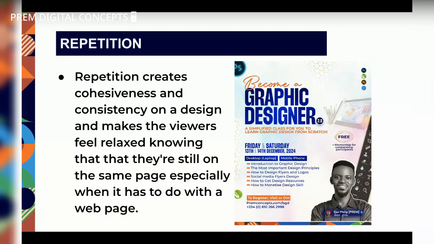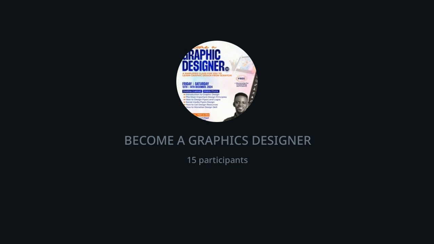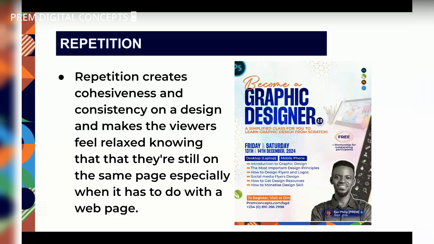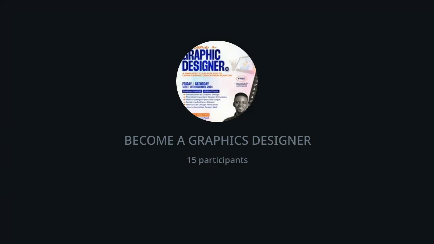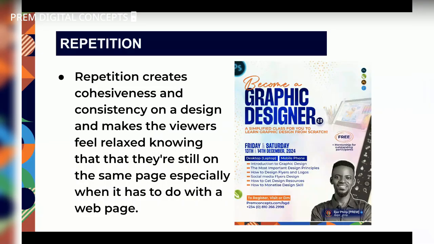So repetition creates cohesiveness and consistency on a design and makes the viewers feel relaxed knowing that they are still on the same page, especially when it has to do with web pages.